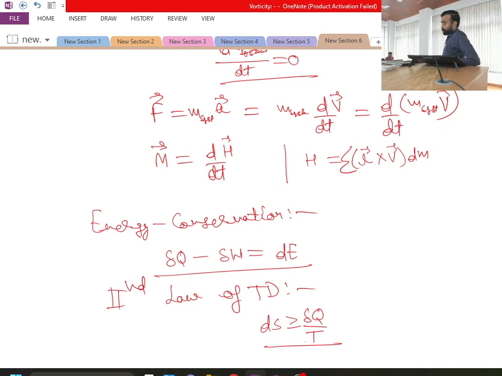So whatever laws I have listed here are called generic or universal laws, which are applicable for any system. Laws can be defined in two ways: a few are generic or universal laws and a few are particular laws. Particular laws are applicable for specific situations and cannot be generalized.